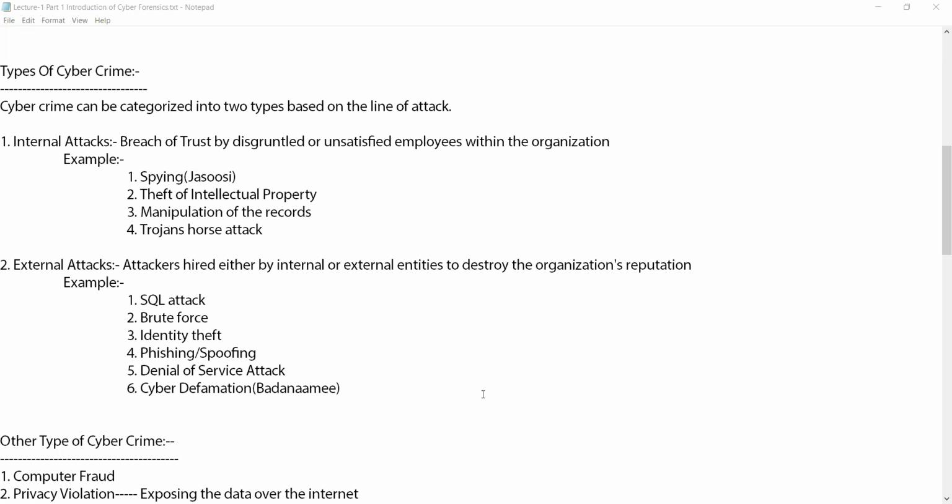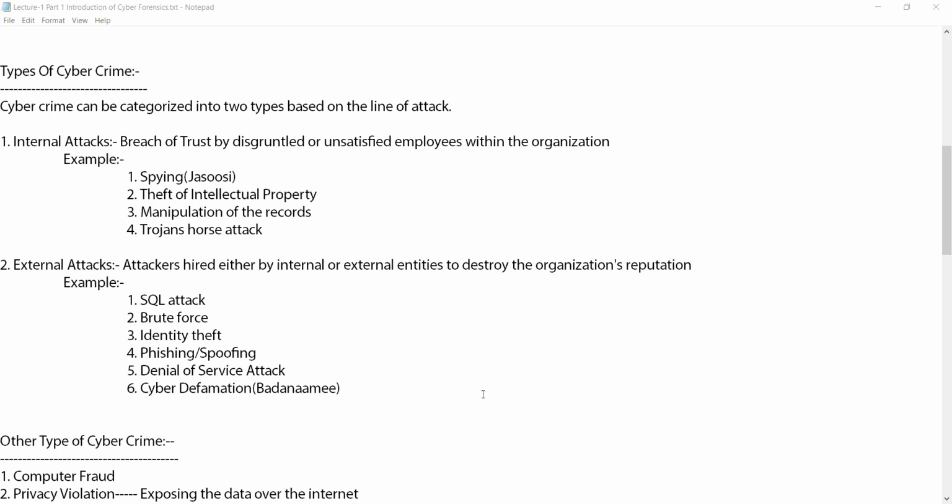There are multiple types of crime performed by external entities, like SQL attacks over web applications to gather data from the database. They can also perform brute forcing attacks over the credential panel, identity theft, and social engineering manipulation attacks using phishing and spoofing.